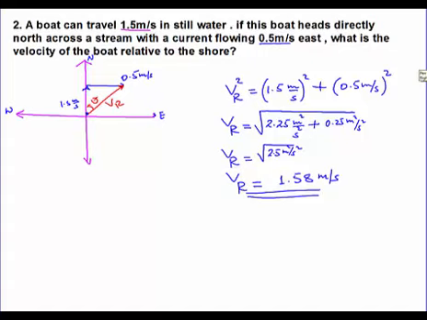As we did earlier, we use the tangent. The direction of this resultant velocity is calculated by finding the angle theta. From our trigonometric ratio, tangent is defined as the ratio of the opposite side divided by the adjacent. That is 0.5 meter per second divided by 1.5 meter per second.